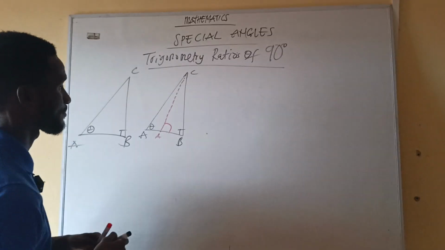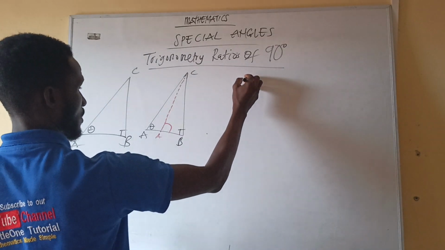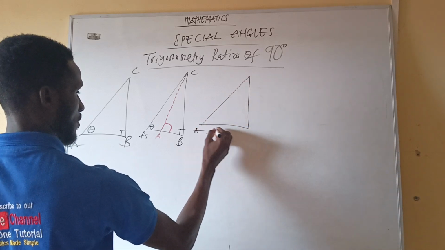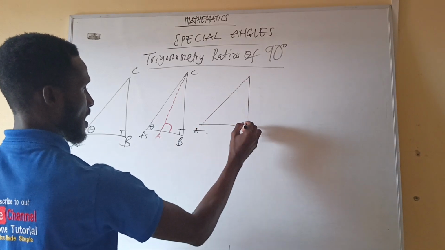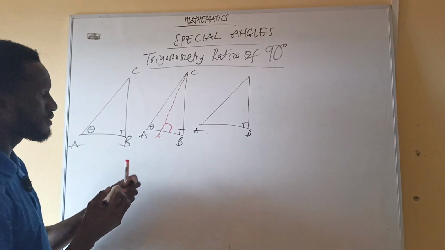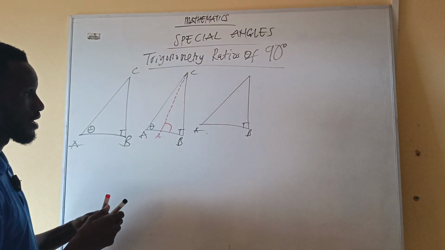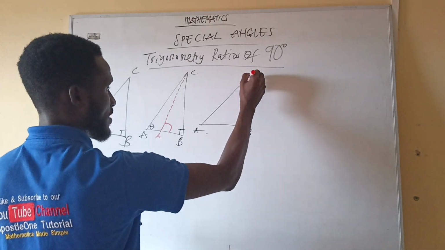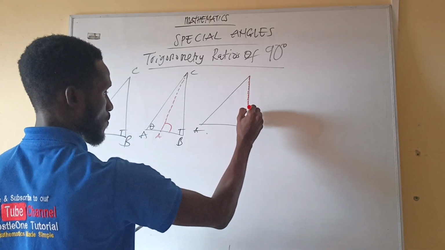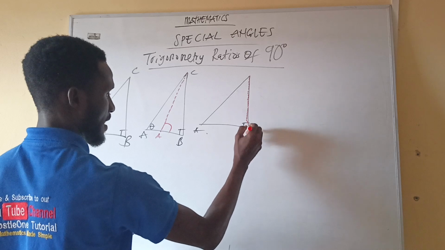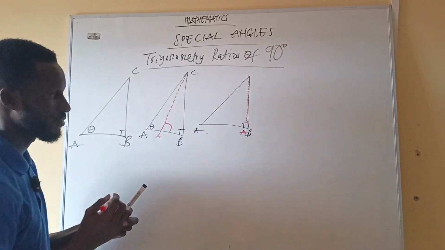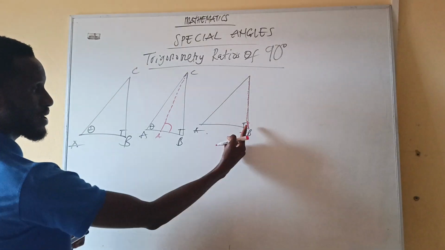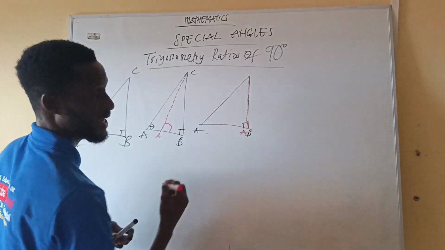Now let's move on. The moment I move the angle A up to the B here, what is going to happen? It means that the theta now becomes 90 degrees because at this particular point the angle is 90.